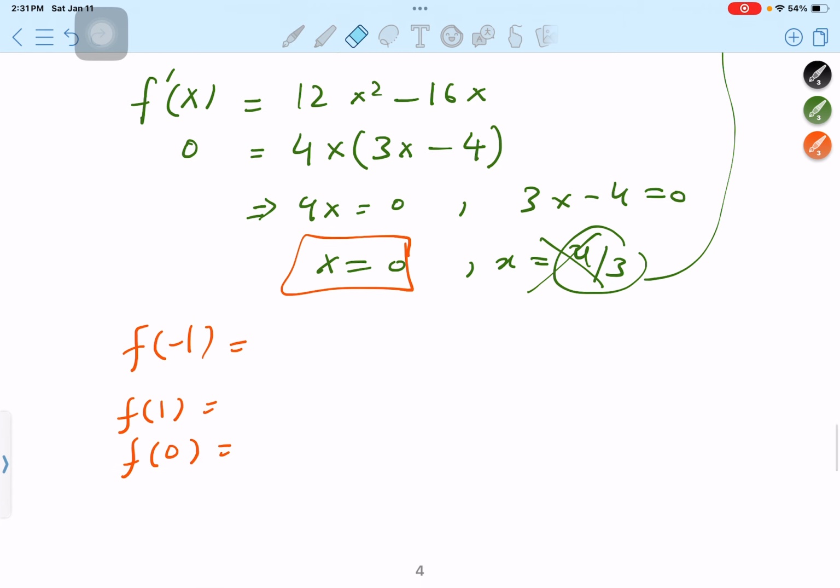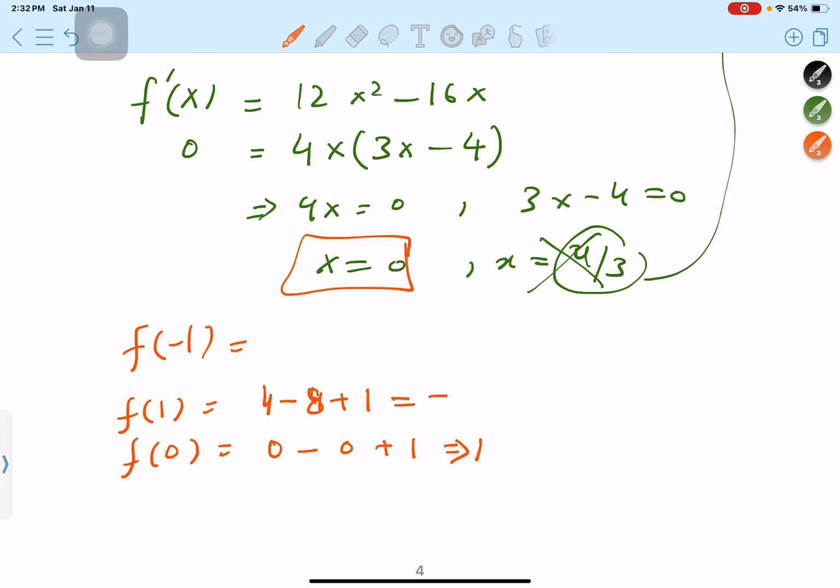If I plug in 0, we get 0 minus 0 plus 1, so we're left with positive 1 for f of 0. If I plug in positive 1, we get 4 times 1 cubed, which is 4, minus 8 times 1 squared, plus 1. Well, 4 minus 8 is negative 4, plus 1 is negative 3.